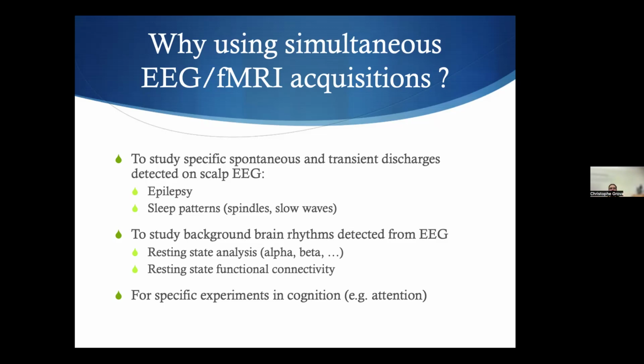For instance, if your task is a basic finger tapping, there's probably no good rationale for using it simultaneously, because you're going to get better signal in the two separate EEG-only versus fMRI-only experiments. But for some tasks, especially when attention is very important, or if you have some habituation effect, if you redo your experiment in EEG and then in fMRI or vice versa, you might change the response, or you might change the effect of attention. So this is where it's been done.